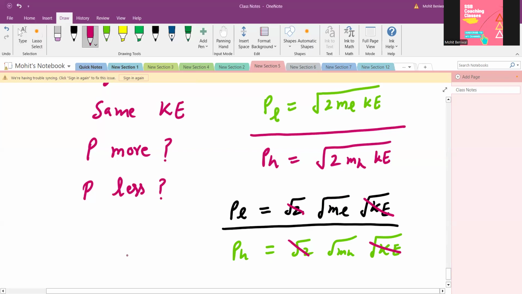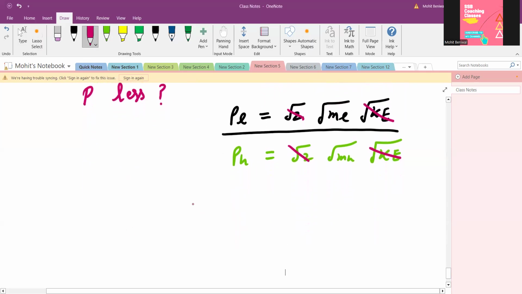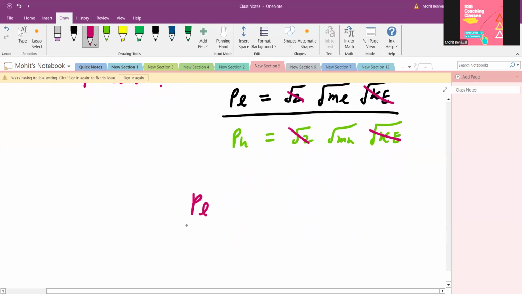So what are we left with? Linear momentum of light over linear momentum of heavy will be equal to square root of ml over mh.